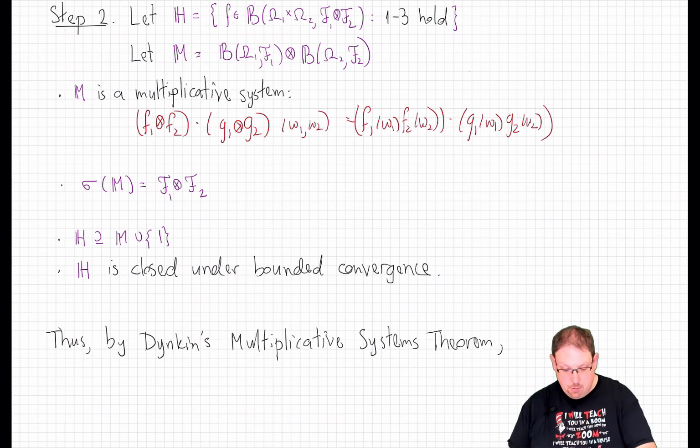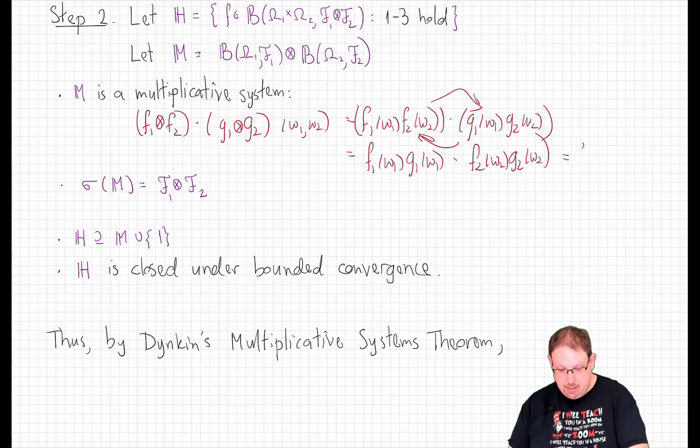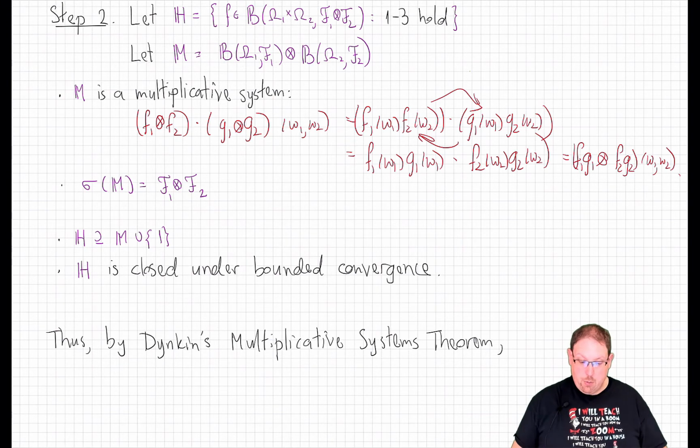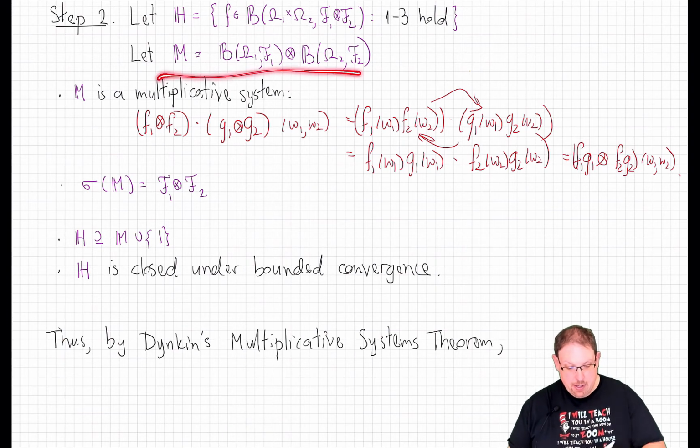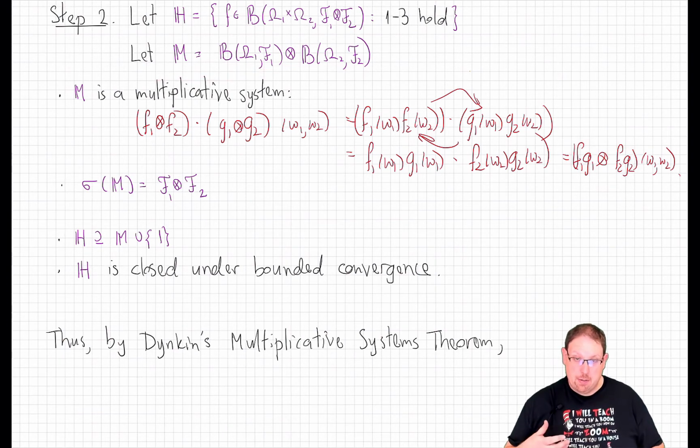And all I'm going to do is reshuffle this product and write it as f1 of omega 1 g1 of omega 1 times f2 of omega 2 g2 of omega 2. Because that, by definition, is f1 g1 tensor f2 g2 at omega 1, omega 2. And so we see that that product is again a tensor product function. Also, if I take bounded functions to start, their products are bounded functions. And so we've verified that this set M of tensor product of bounded functions is a multiplicative system. Great.